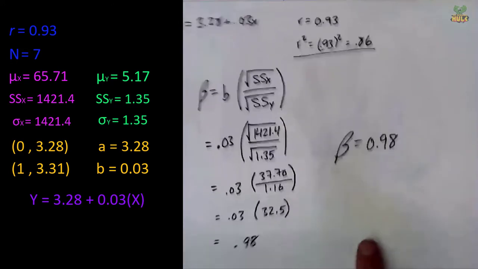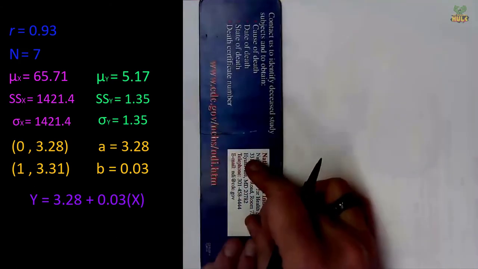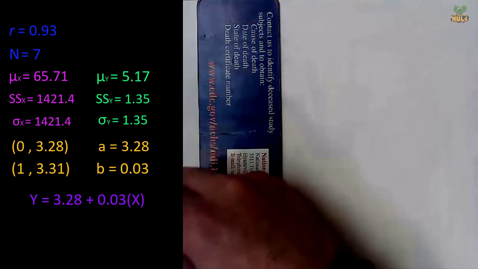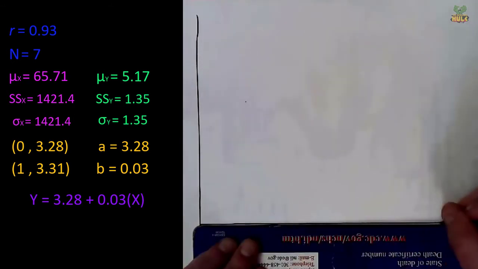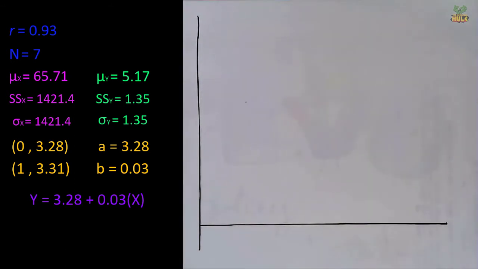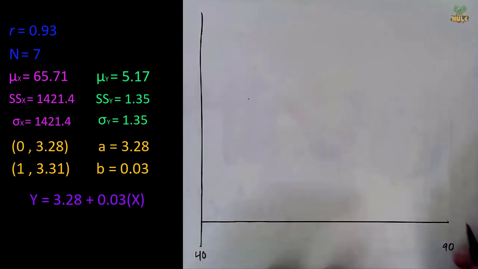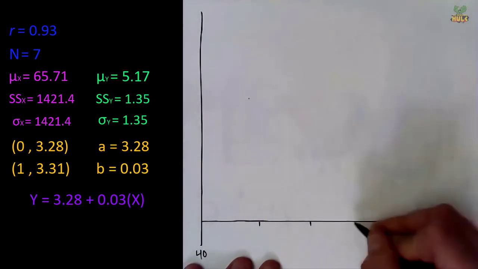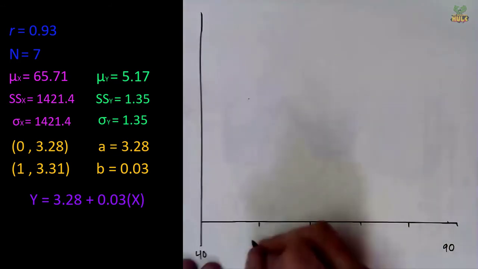So we need a scatter plot. All right. Get out a sheet of paper. Get out a ruler. And draw some axes. Alright, I got a y-axis, I got an x-axis. Now, because my x data range from 43 to 87, I'm going to mark 40 at the low end, 90 at the high end, and just go 50, 60, 70, 80, and say that looks pretty close to accurate.